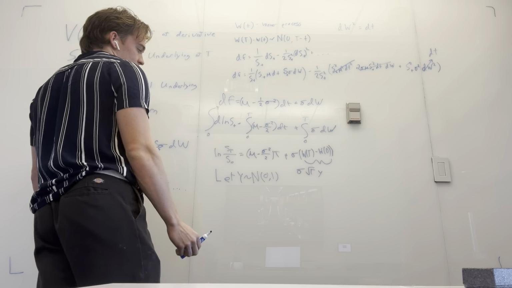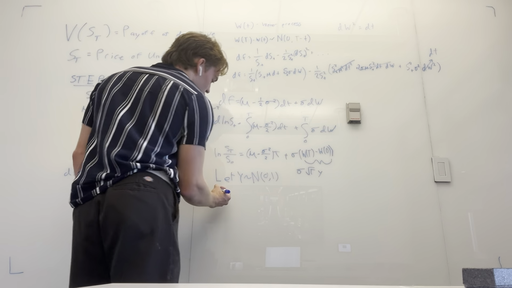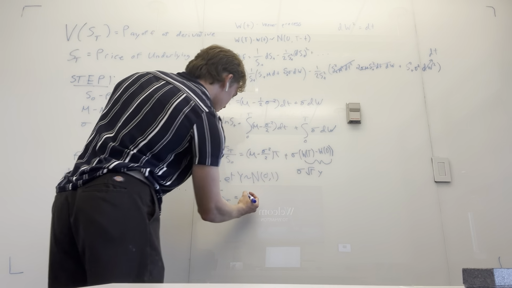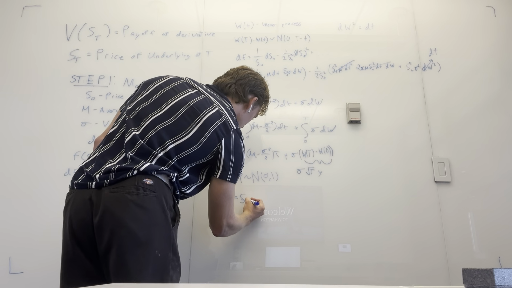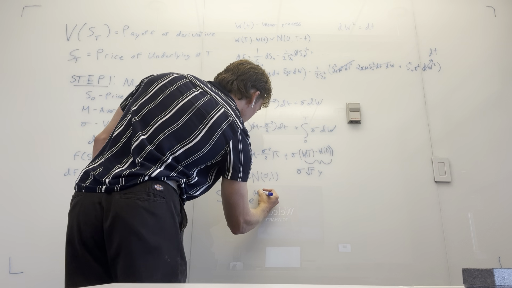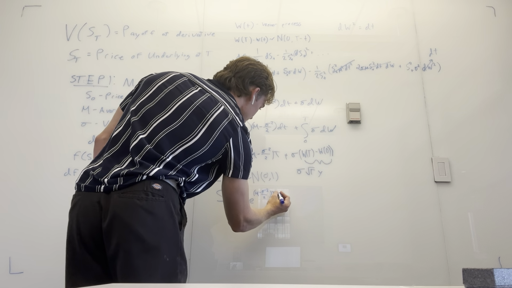And then lastly, what we want to do is take e to both sides, and doing that will give us S of T equals S of 0 times e to the mu minus sigma squared over 2 times T.